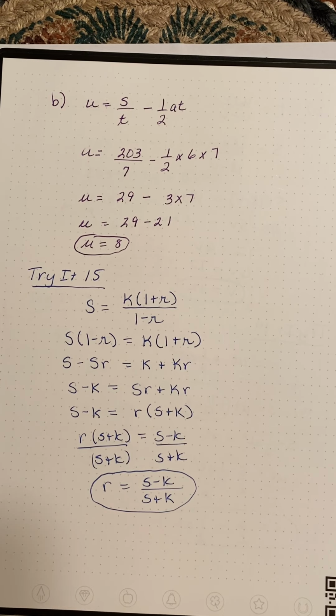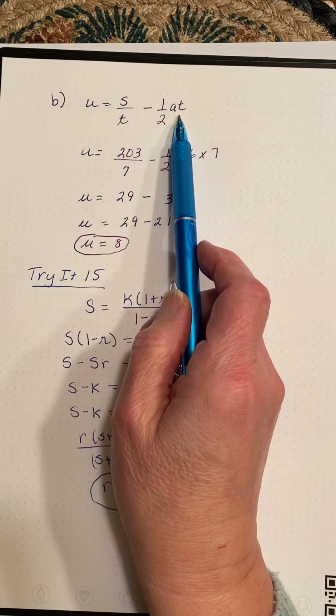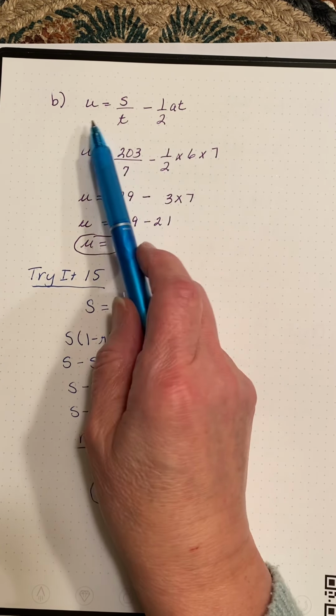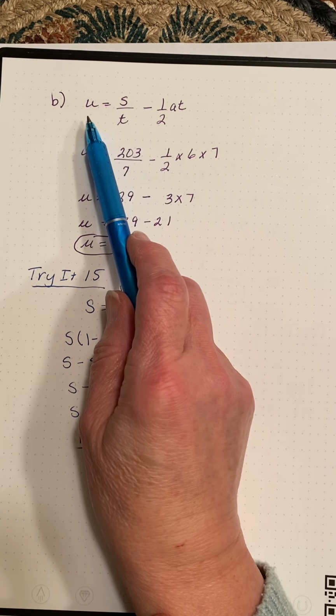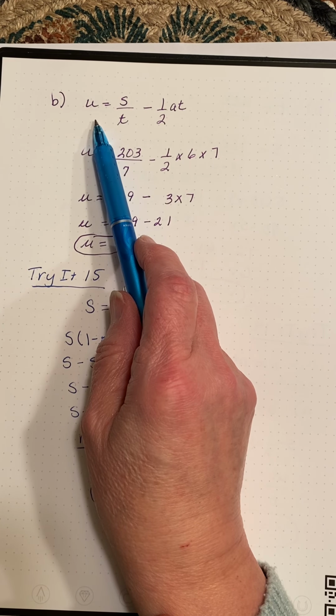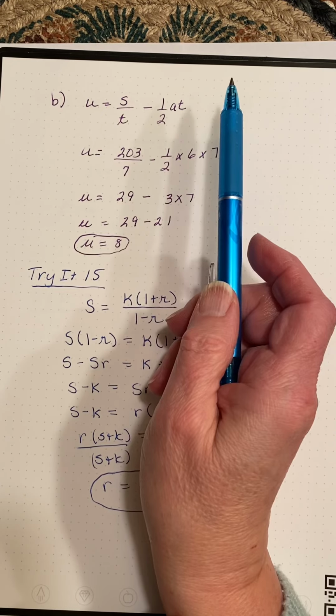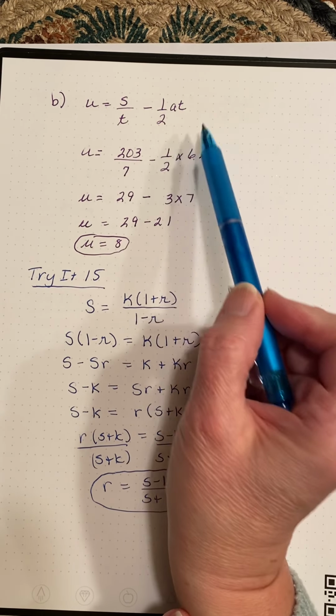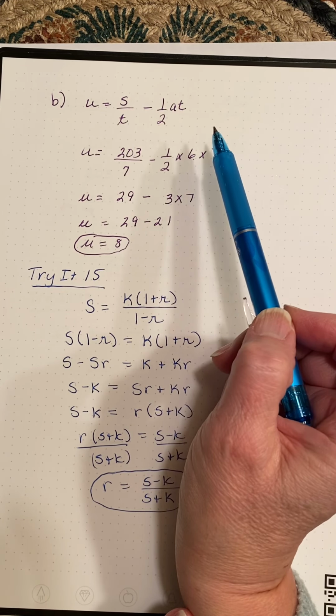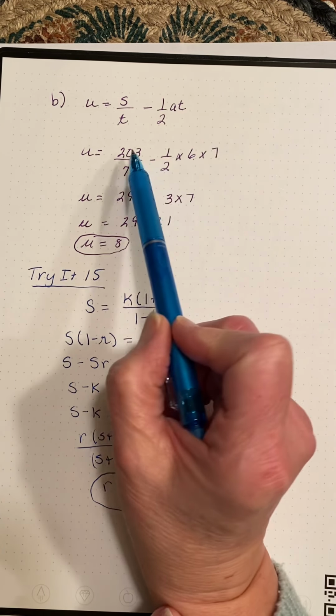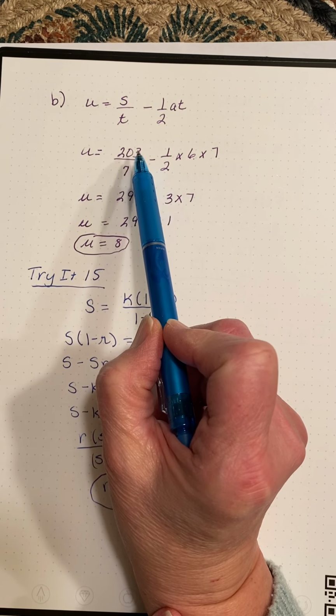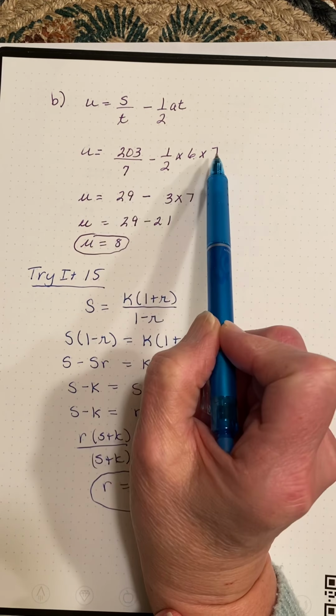Anyway, letter B then, now that we've realigned the equation, just using that, now we're going to find the value of u when a is worth 6. So a in this position is 6. And s is worth 203, which is right here. And t is 7.